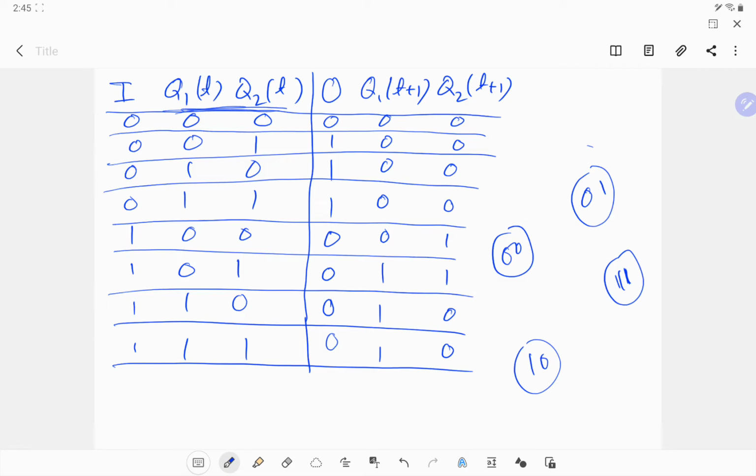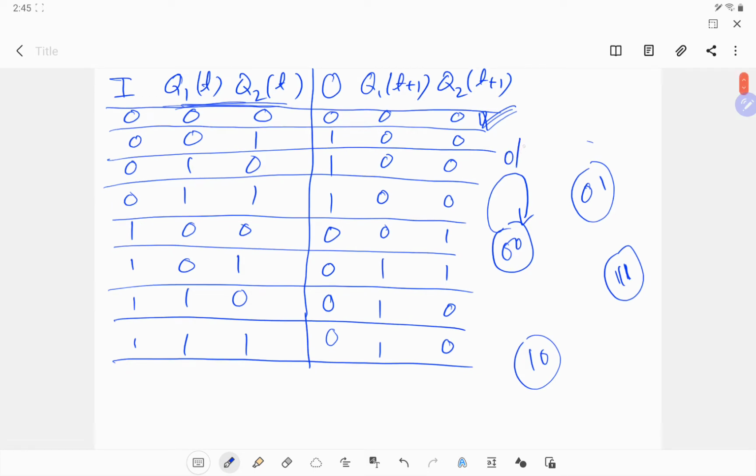For the first row in the state table, the present state is 00 and the next state is also 00. So from 00 to 00, input is 0, output is also 0.